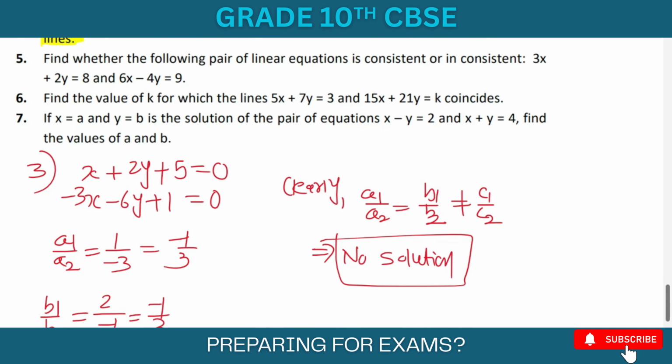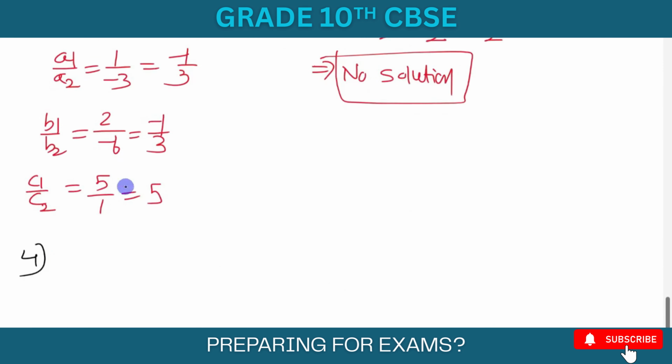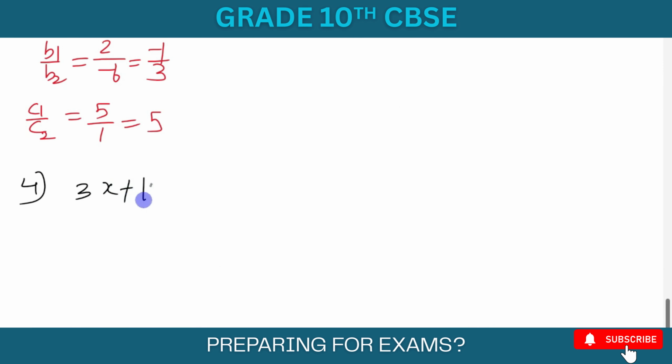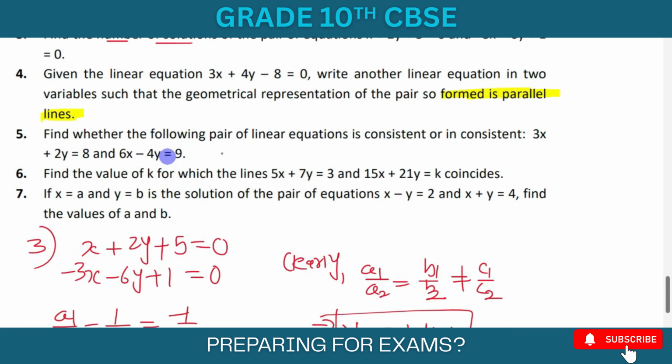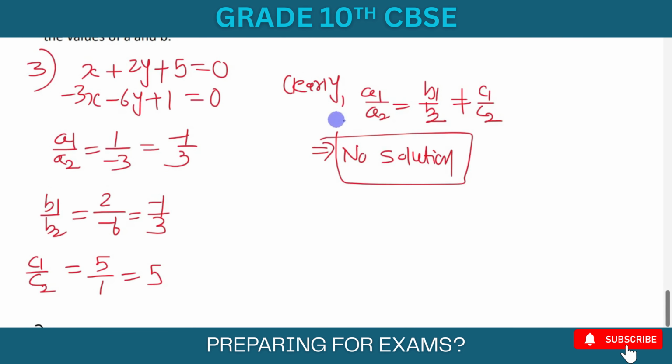One equation is already given, 3x + 4y - 8 = 0. So another equation we have to write such that the pair has no solution, because they're telling us the geometrical representation is parallel lines. So we have to write another equation such that these conditions are satisfied.